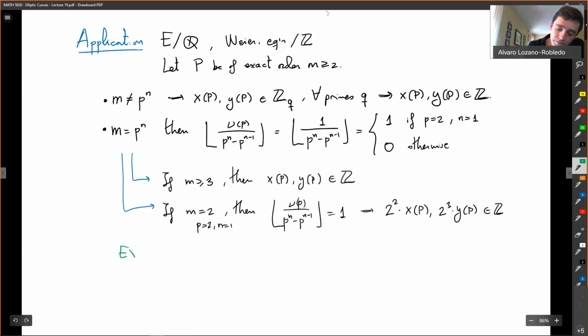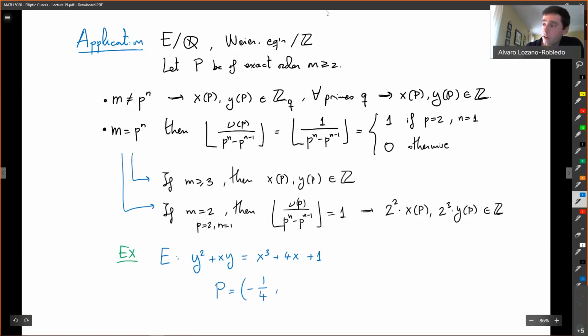So for example, if you take the elliptic curve y squared plus xy equals x cubed plus 4x plus 1, it turns out that it has a point P, which is minus a fourth and an eighth, which is a point of order 2 over Q. So that can happen, but any other torsion point would have integer coordinates for an elliptic curve defined over the integers, if the coefficients are in the integers.